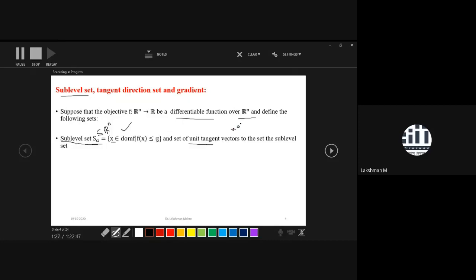Suppose we call this point x bar. It belongs to the domain of the function. Then definitely the function will take some value, and that functional value we will call f of x bar. It is a fixed real number, so take it as alpha.